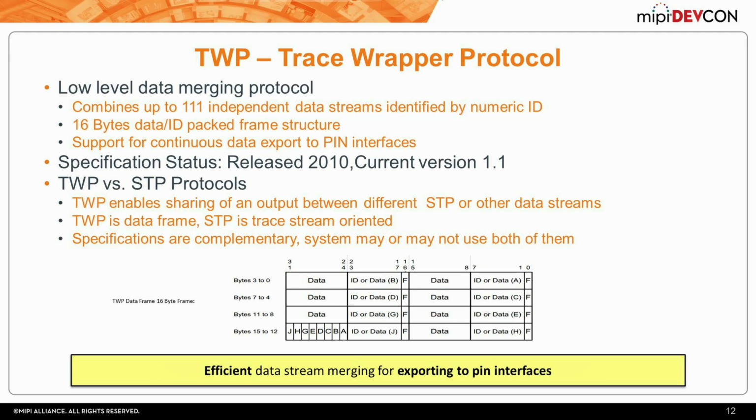The data definition is shown in that little picture on the slide below. So TWP also merges streams together, but it's more focused on preparing the data to send to a hardware output. So it allows independent trace streams to share one device.